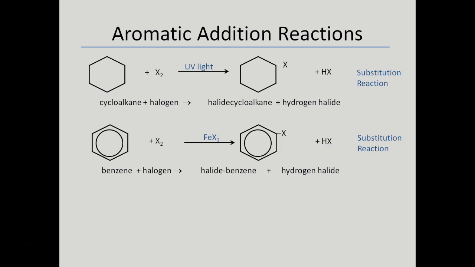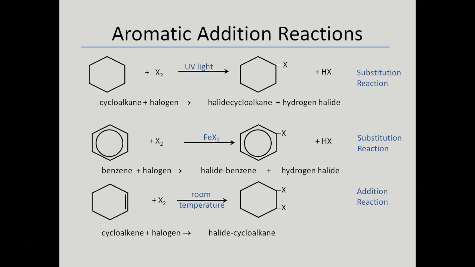If I have that react with a halogen, I usually require a catalyst of an iron halide. If I was going to add chlorine to my benzene ring, I would use iron 3 chloride. If I was going to add bromine, I'd use iron 3 bromide. And it will undergo a substitution reaction. And if I want an addition reaction with my cycloalkene with a halogen, it can occur at room temperature.